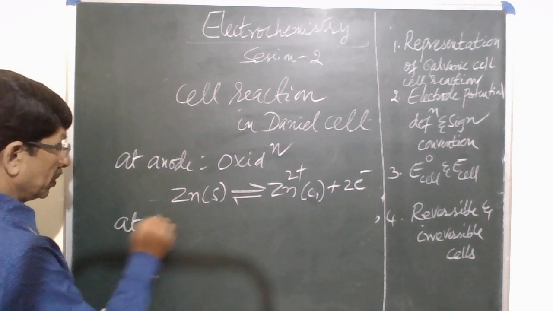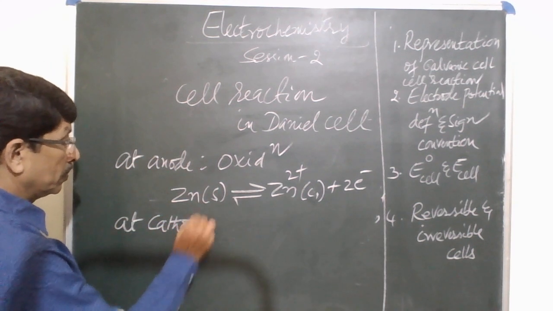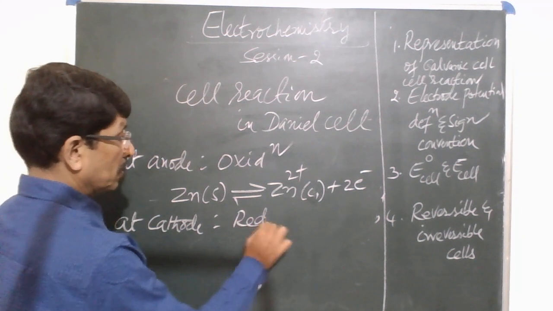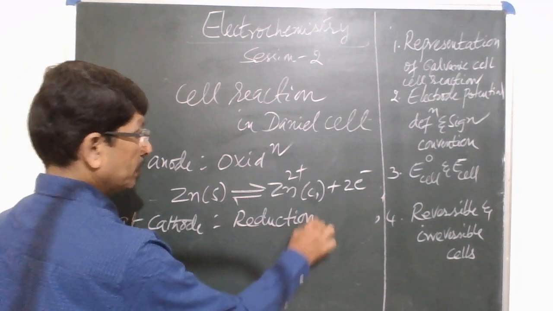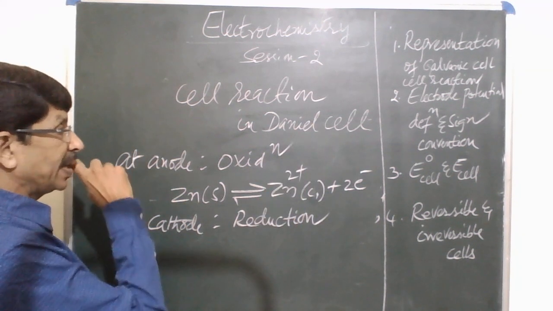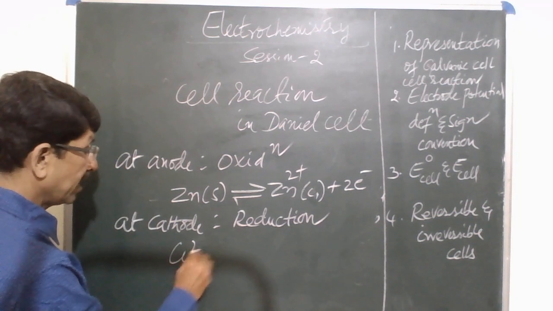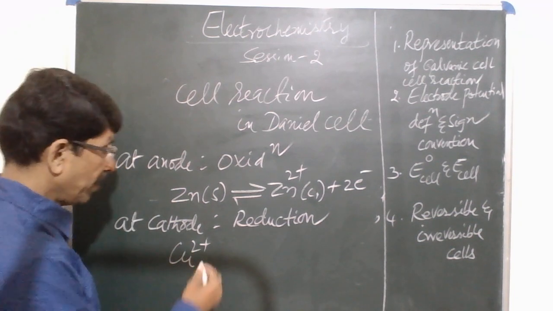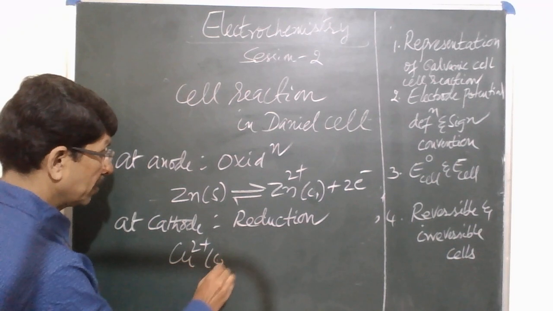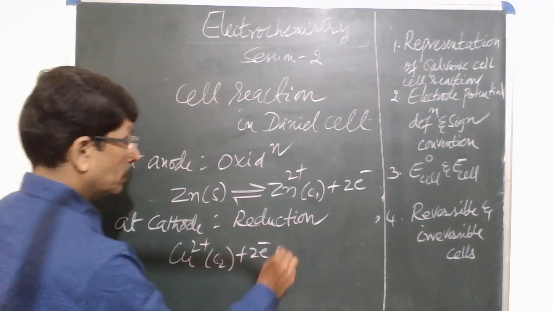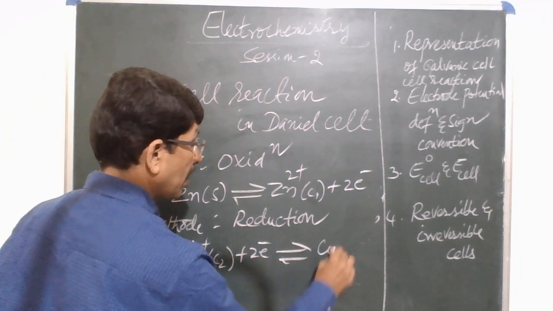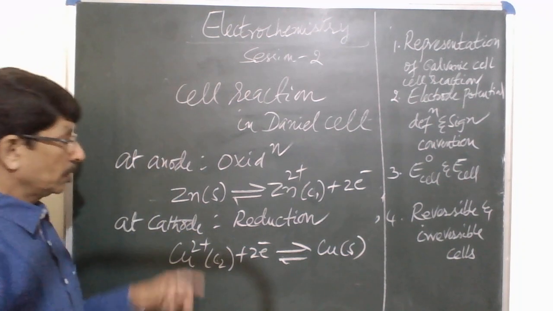Then at the cathode, reduction takes place, and the copper electrode is the cathode here. So reduction is nothing but the gaining of electrons. So copper(II) ions are reduced to copper.